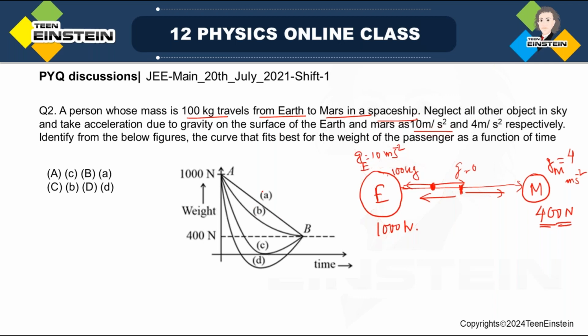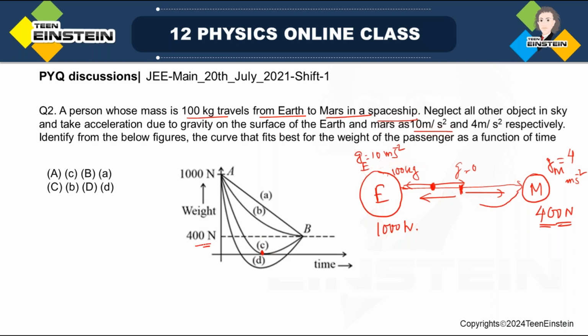Okay, and look, which one is depicting the same thing. See, this is giving you 0 value here, and thereafter it will increase to 400 Newton.